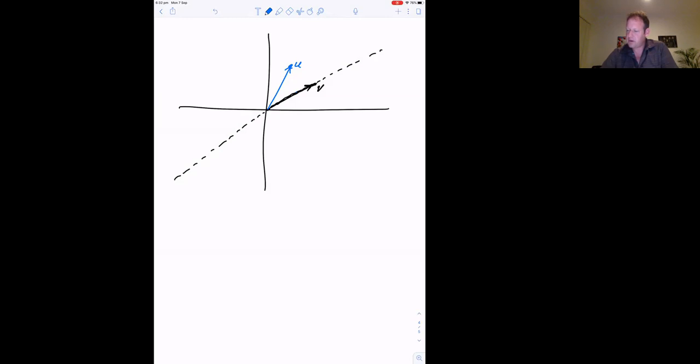Which point is closest in the span of v to the vector u from A, B, or C? It's B, as you see. B is the closest point.